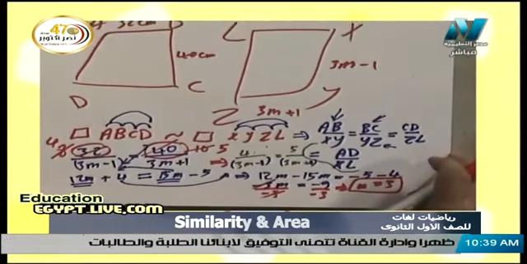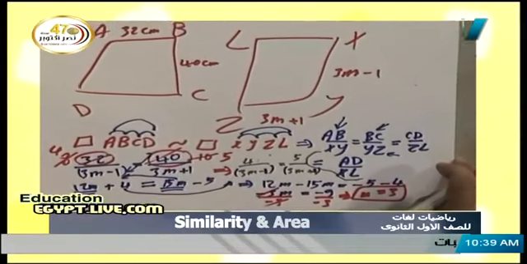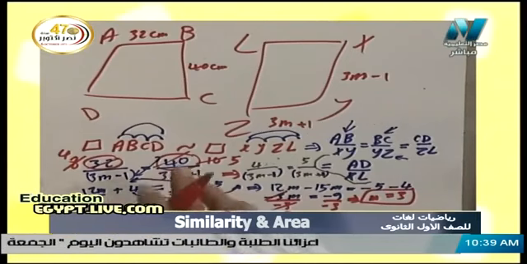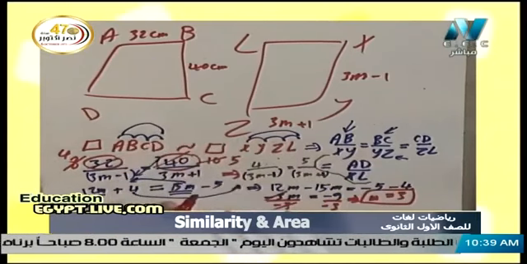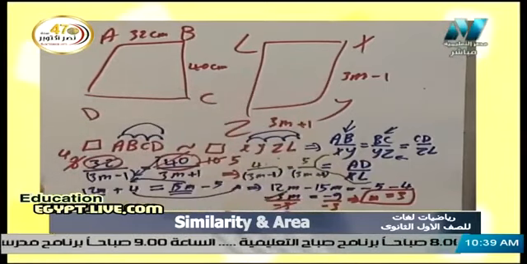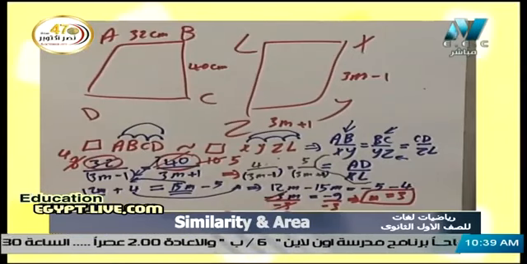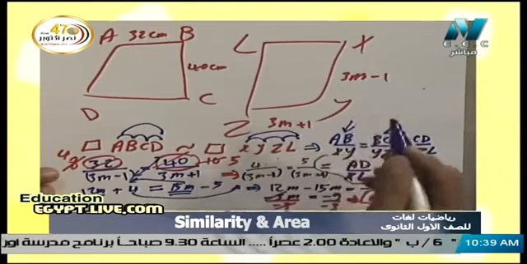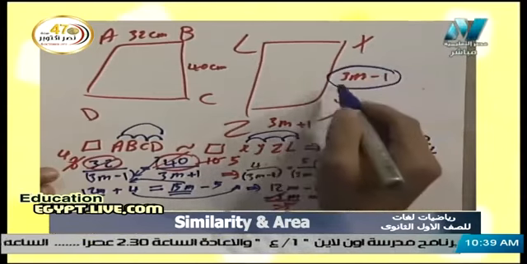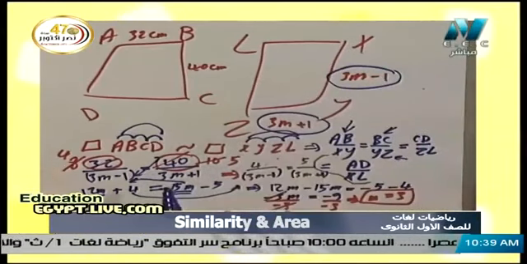So now we have answered Salma's question, which is about two polygons that are similar. I think Salma's problem was when she saw XY in a symbolic form, which is 3m minus 1, and YZ is 3m plus 1.